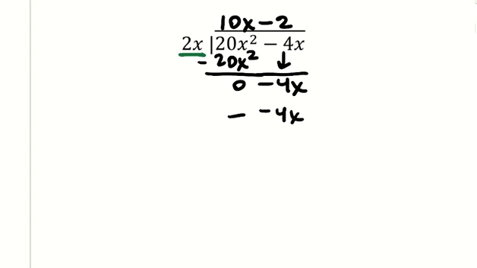And you subtract the negative 4x, just like I subtracted the 20x squared up above. Negative 4x minus negative 4x is like adding 4x, which is 0. So I have a remainder of 0. In general, though, it's not going to work out like this. There's going to be a remainder.